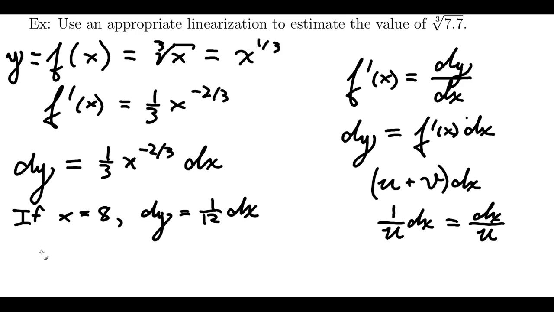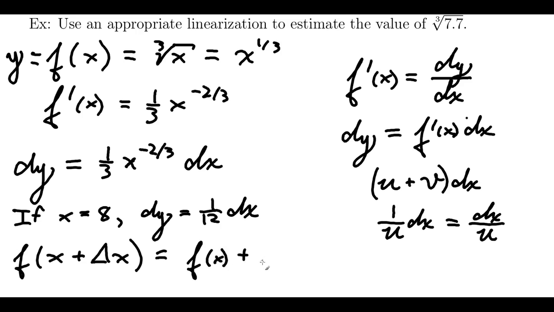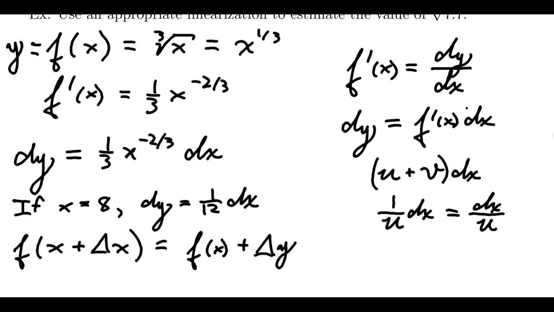We want to compute this value f of 7.7. And actually, before we do that, let's say this. In general, if we want to compute a value of f of x plus delta x, so we have an x value, and then we have a small change, a delta x there, that will be whatever f of x is plus the appropriate change in y, delta y, however much that changes from one point to the next.